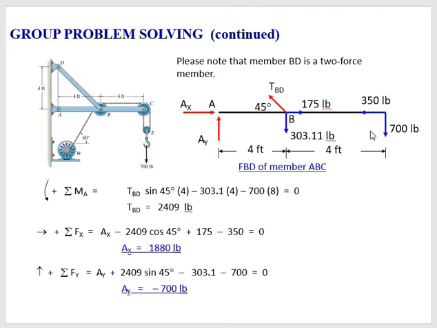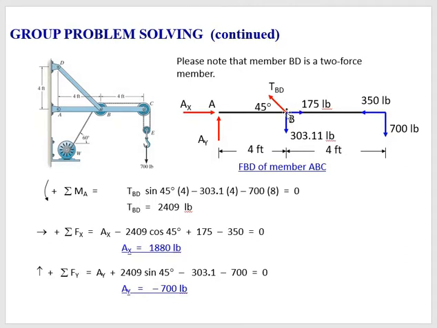So I have AX, AY, I have that 350 pounds and the 700 pounds at C, and then at B I have the force from BD, that two force member. And then I have BX and BY of this pulley that's also acting. They're 175 and 303. So I have multiple unknowns.